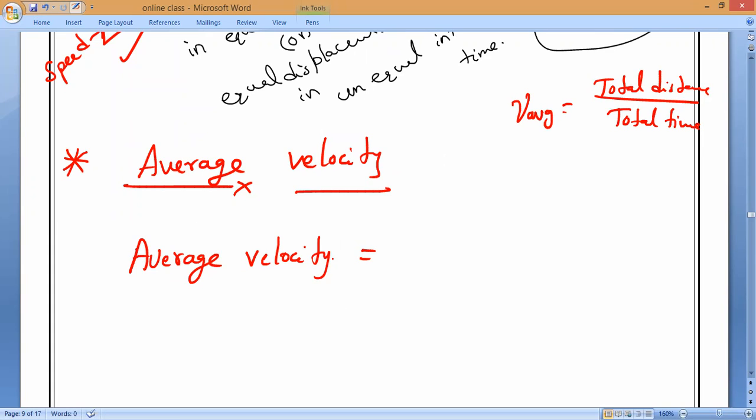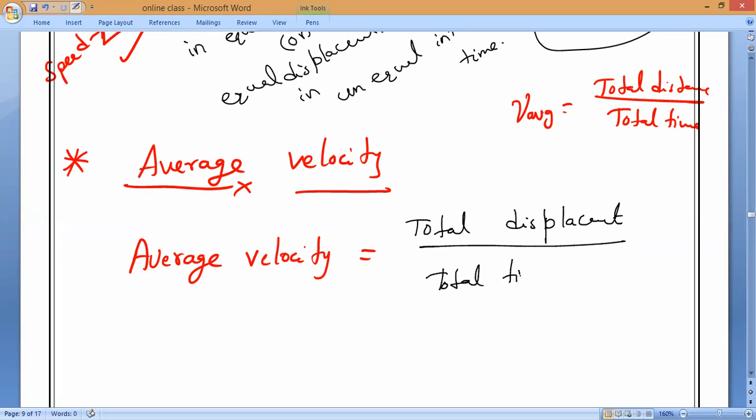Now we are using average velocity. What will the formula for average velocity be, Harish? Total displacement divided by total time taken. That is what you have to remember.